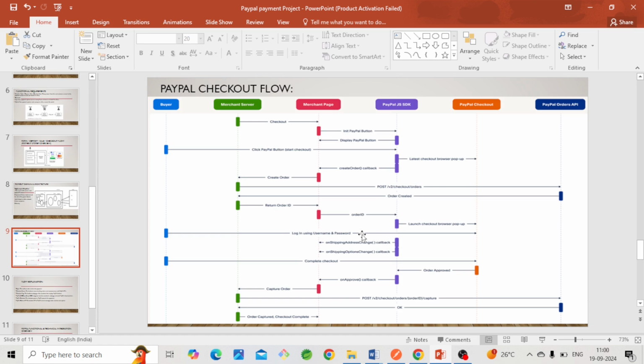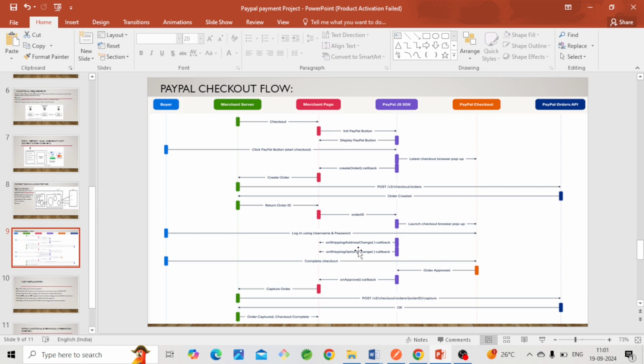Now the customer is on the hosted page, as we call it, and wants to make the payment. During the checkout, the buyer may update their shipping address.